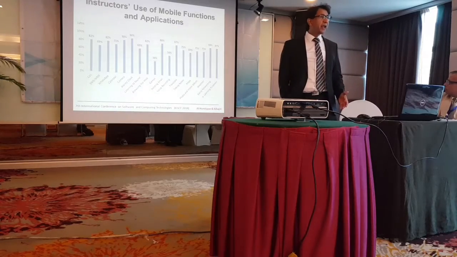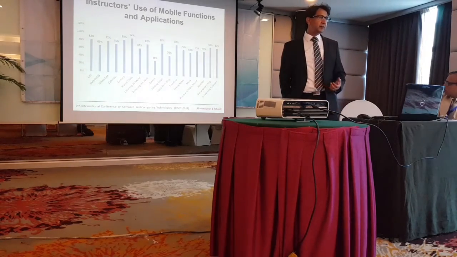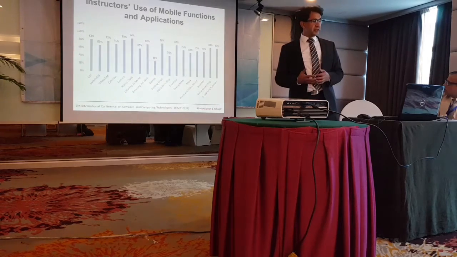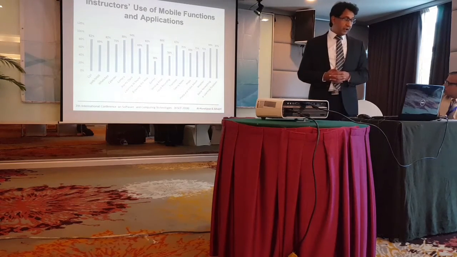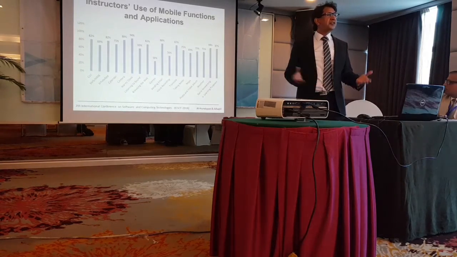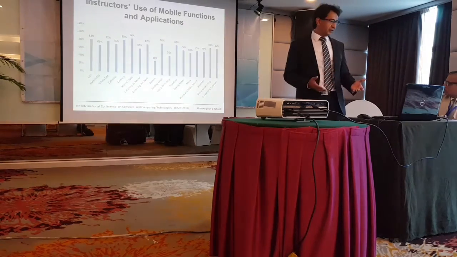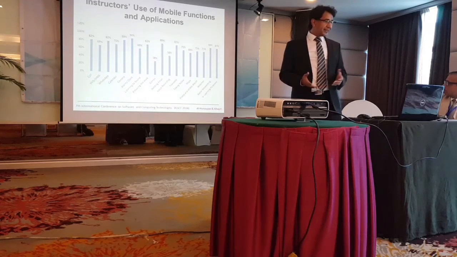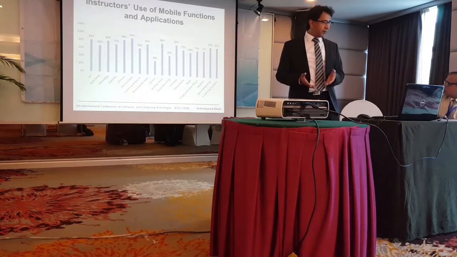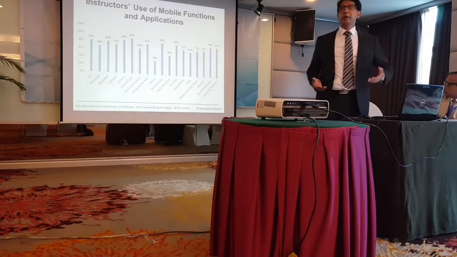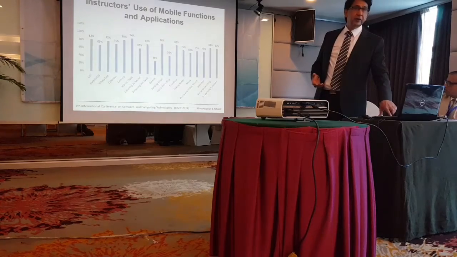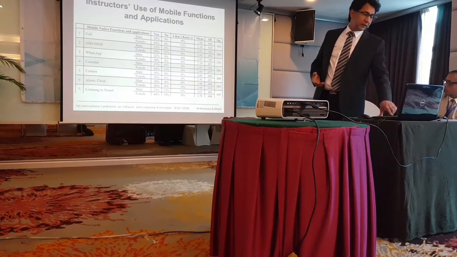Games, 38%. Again, we are not talking about students. Even calls, 82%. It's a telephone, but it's 82%. SMS, 69%. Why? Because WhatsApp is 82%. So people are not sending a lot of SMSs. They mainly depend on the cheaper option.